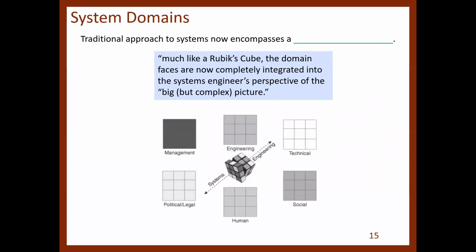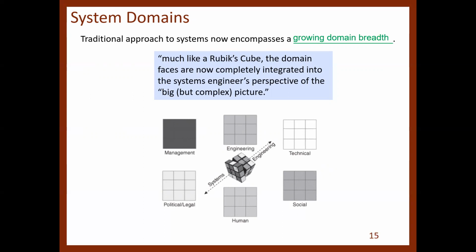The traditional approach to systems now encompasses a growing domain breadth. This is much like a Rubik's Cube. The domain phases are now completely integrated into the systems engineering perspective of the big but complex picture. So we have management, engineering, technical, social, human, and political, legal.